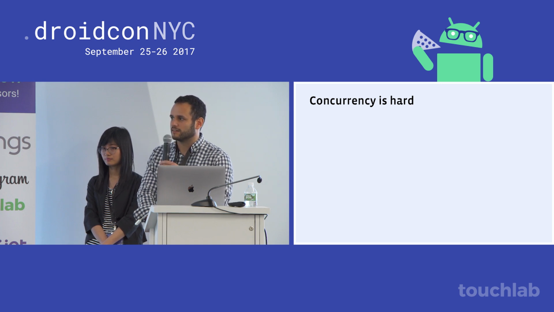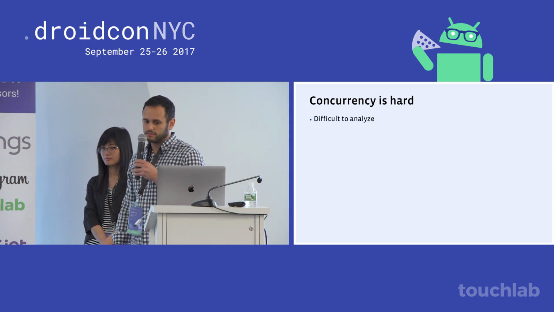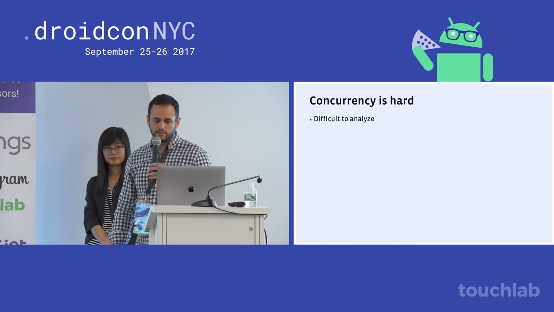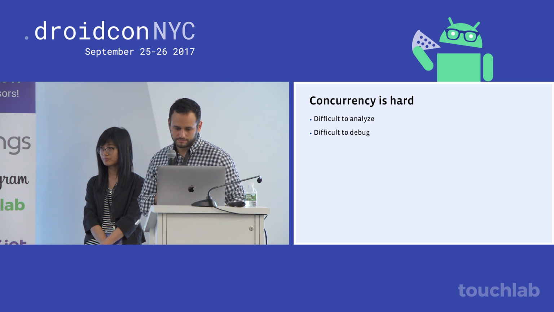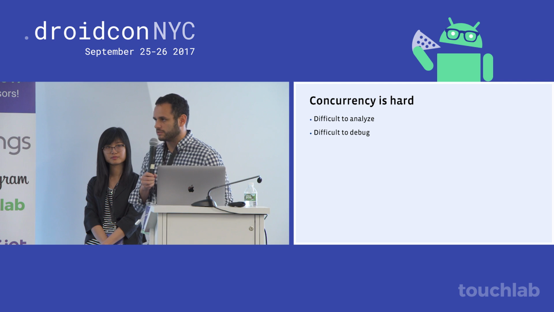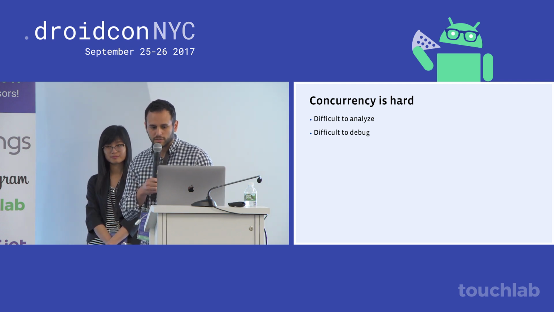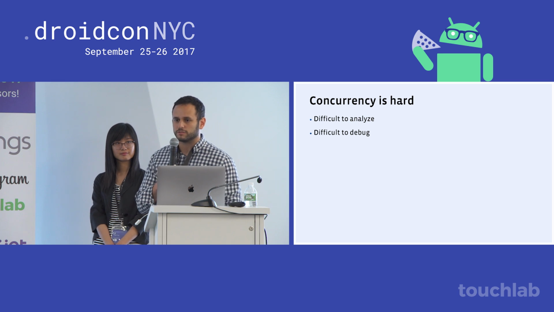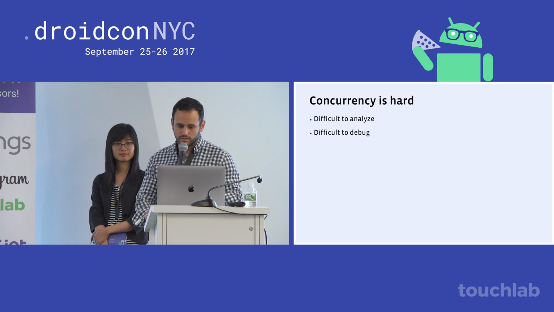So concurrency is hard. I don't think anyone will disagree with this statement, but to break it down a little bit, it's hard to analyze the code and determine whether pieces are thread safe. That's what we just saw. It's difficult to debug. For example, you could receive a stack trace from production, and it could be caused by a race condition, but it's pretty unlikely that you'll be able to reproduce those conditions locally because race conditions happen with a low probability.